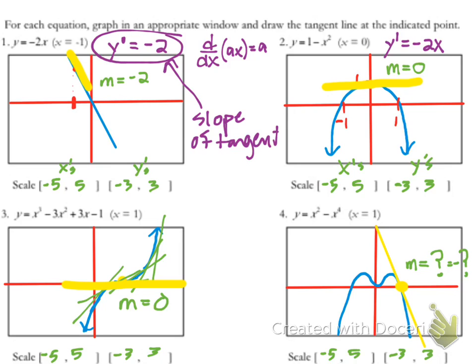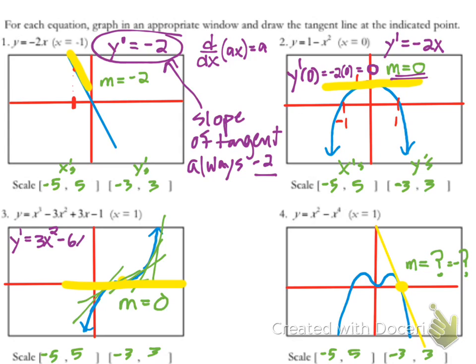When you have a derivative equal to a number, that means you're dealing with a line. In the second one, if I plug 0, the point of tangency they're asking for at x equals 0, into my derivative -2x, so it's -2 times 0, I get out 0, which we already got. We knew that. So that's the derivative working to answer the question that we already knew the answer to, but you're seeing it in action. Okay, that's kind of cool.